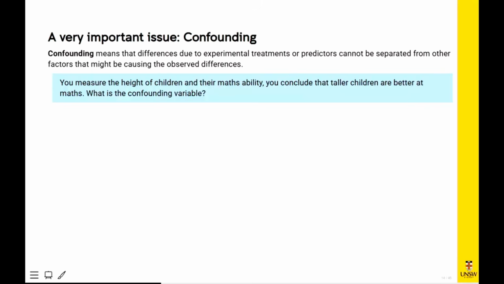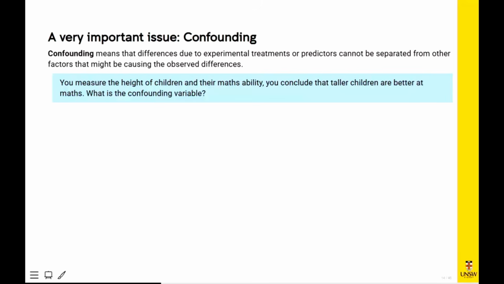Yep, that's a really good inference. If you just want to make it simple, if the only thing you're measuring is height, it would just be age. Absolutely. If they're older, they might have more exposure to math.